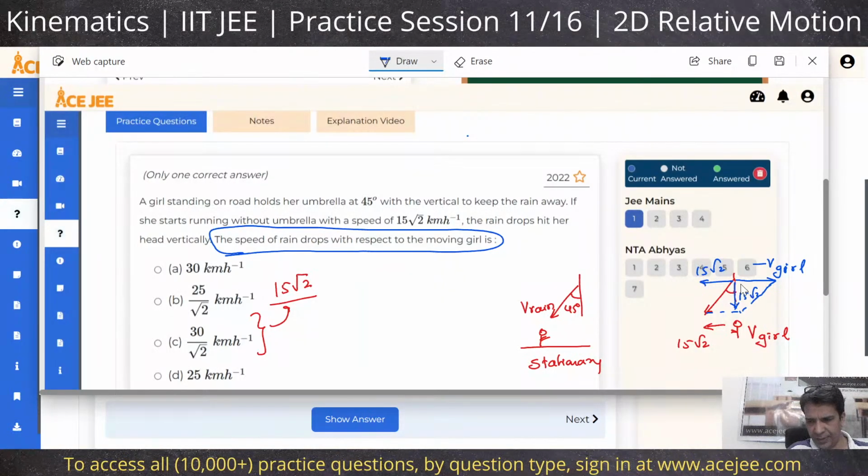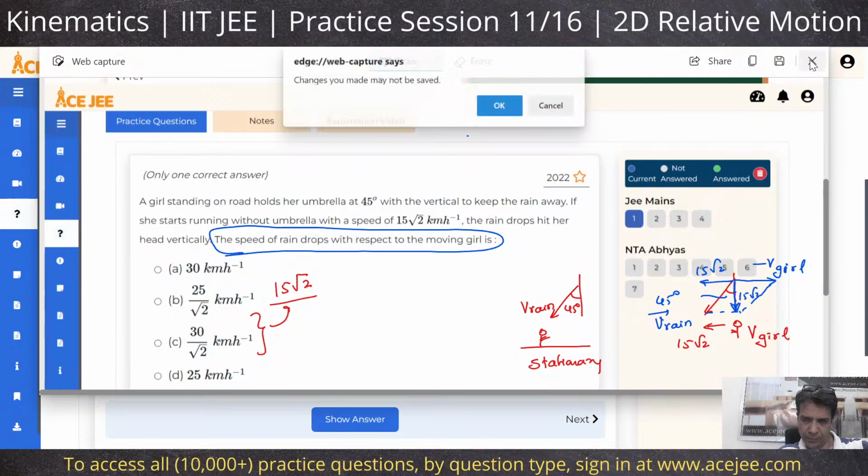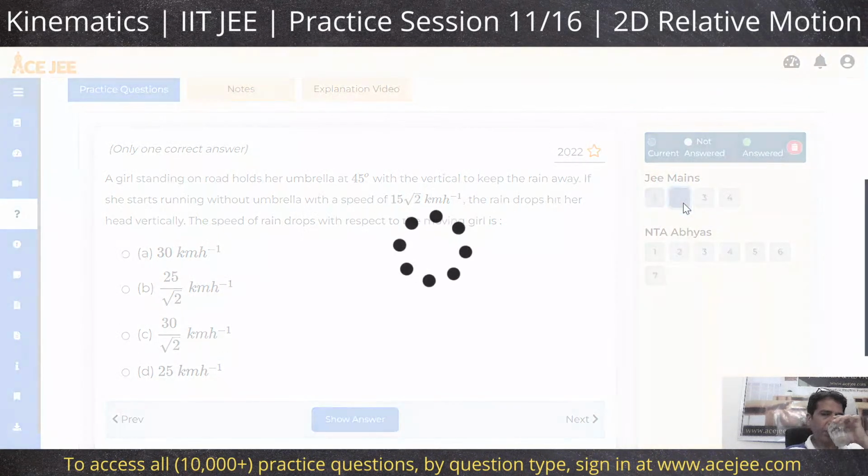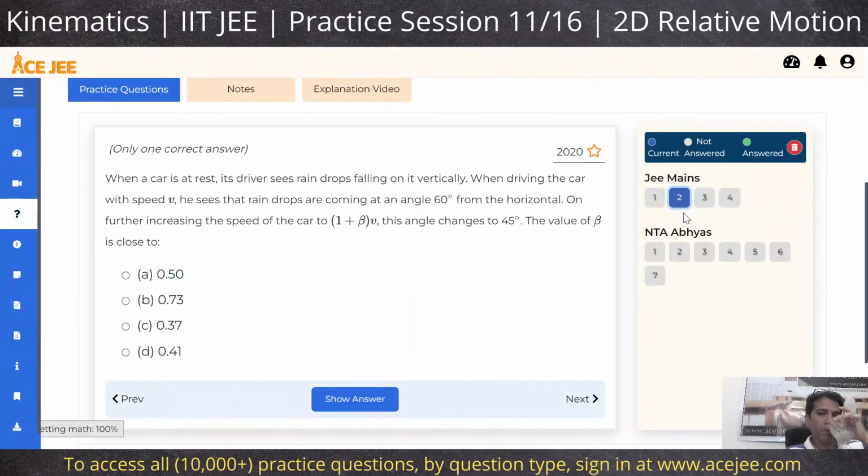Okay. So then they're interested in the vertical component. So everybody completely clear? Yes, sir. Okay. Let's go to the next one. Let's do this one.